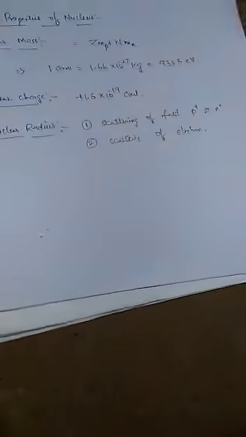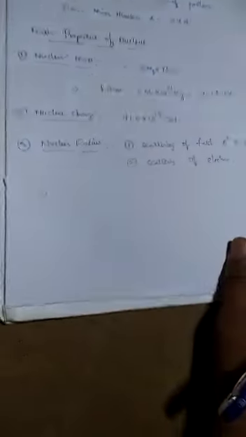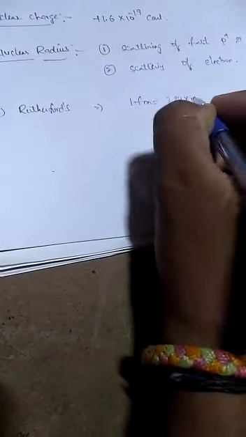By using these two methods we can calculate the nuclear radius. Here the nuclear radius is explained first of all by Rutherford. Rutherford gives the diameter of a nucleus in Fermis. According to Rutherford, 1 Fermi is equal to 10^-15 meters.